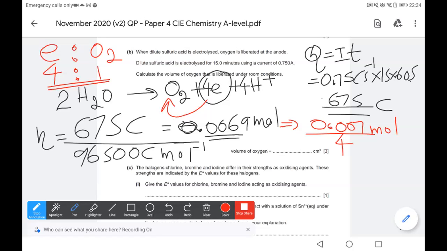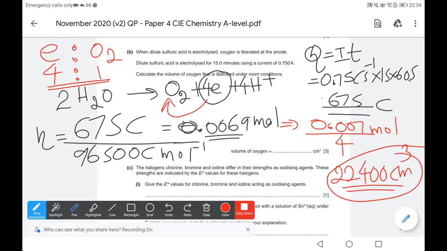If you know the moles, you can go to volume. They say everything is measured under room conditions. So at room temperature and pressure, 1 mole of any gas is 22,400 cubic centimeters. This you should also take from the data booklet. 22.4 cubic decimeters or 22,400 cubic centimeters is the volume of an ideal gas at room temperature and pressure.